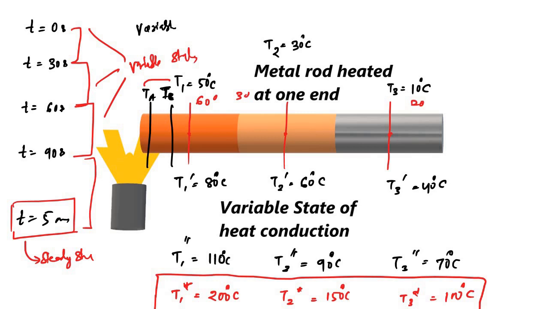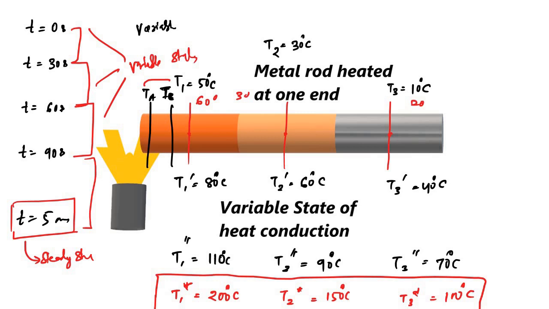But in the variable state, the temperature difference is not fixed, because the temperature of each portion is increasing with time. As a result, the temperature difference between the different cross sections will change, it will fluctuate, and as a result the quantity of heat between any 2 portions will be different.